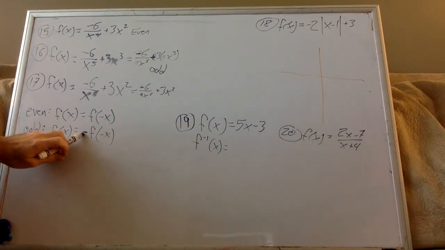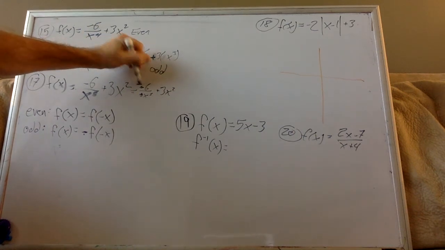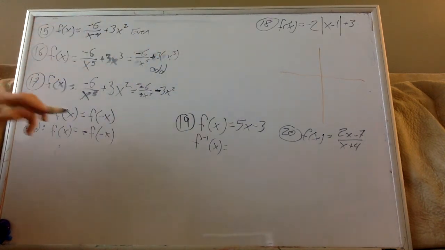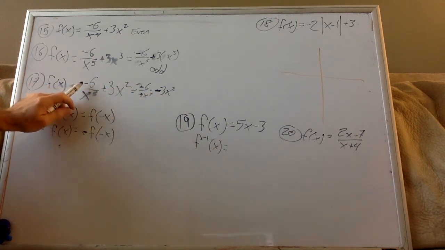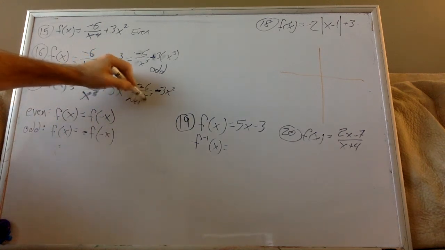So now when I run my negative through, this becomes negative again, and this positive becomes negative. So now I have a negative and a negative, but originally I started with a negative and a positive. So this is neither even nor odd.